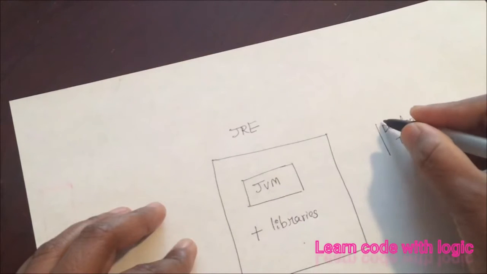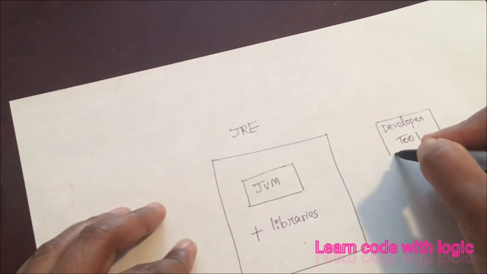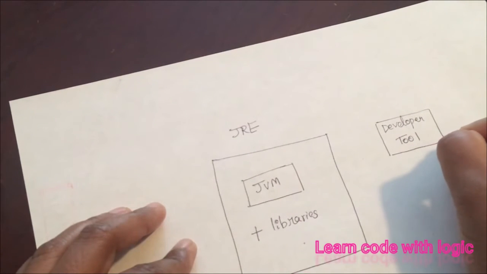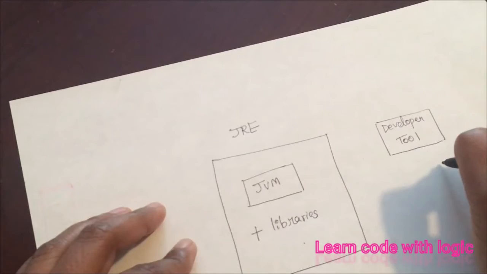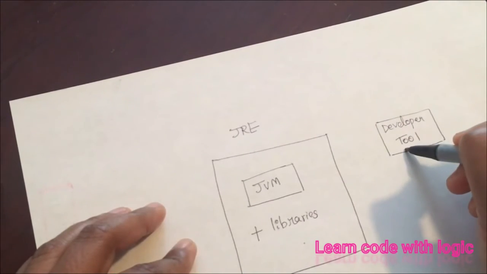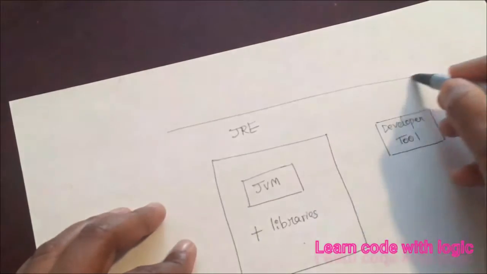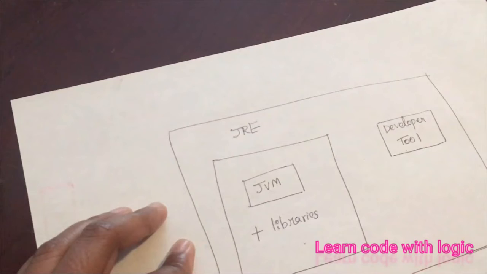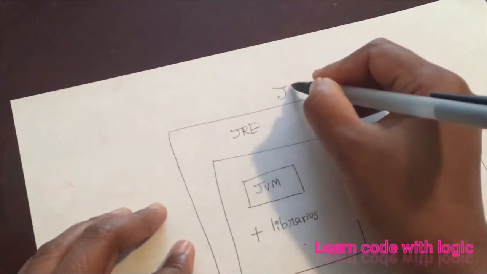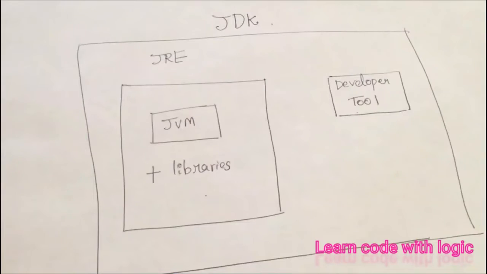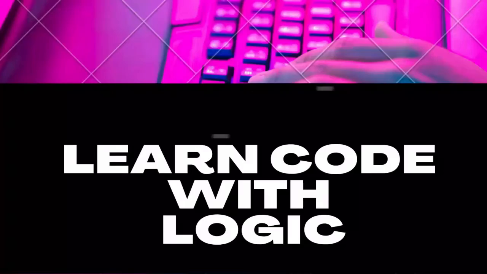As a developer, we also need a development tool to develop the software. If you add this development tool, we will get the complete package named JDK. This is the difference between JVM, JRE and JDK.